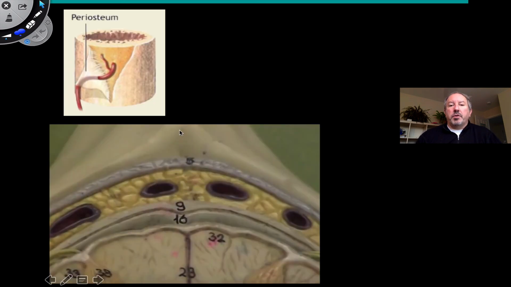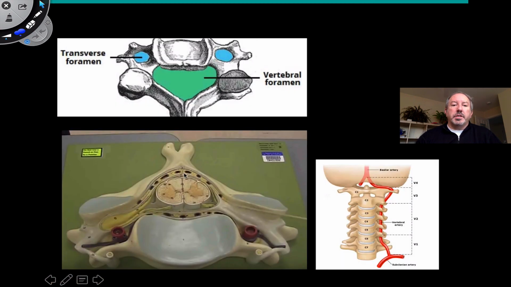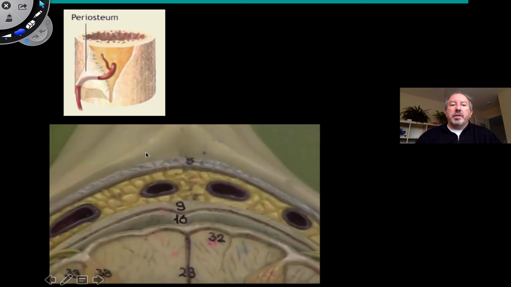Now, if we look close up, back over here, we're going to look at this particular area right over here at the top of the spinal cord. You'll notice the outer coating of bones, and there's no exception here in the vertebral bone, the outer coating of a bone is known as the periosteum.